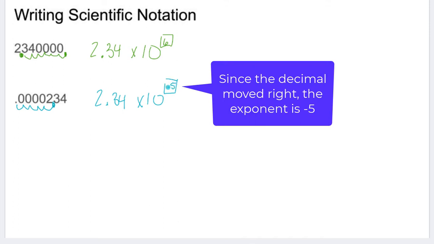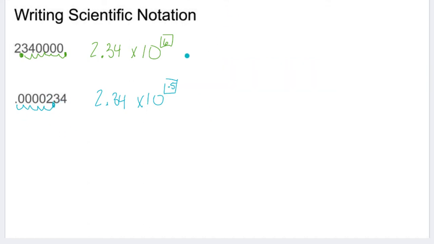It's a negative 5 because we moved it to the right, which means when you undo it, you're going to move it back to the left. Now to reverse it, to write 0.0000234, you just take the 2.34 times 10 to the negative 5th and move it 5 places to the left. For 10 to the 6th, move the decimal 6 places to the right.